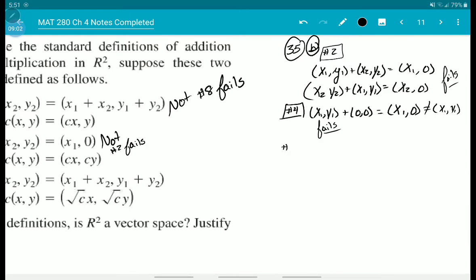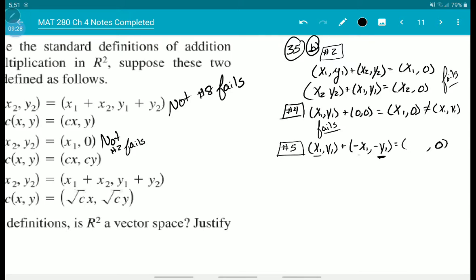In fact, number 5 fails also. So there's quite a few failures here. If we were to take x1, y1, and we were to add its inverse, and we would think the inverse would be negative x1, negative y1. It actually doesn't matter what that second component is, to be honest, because it always maps to 0.